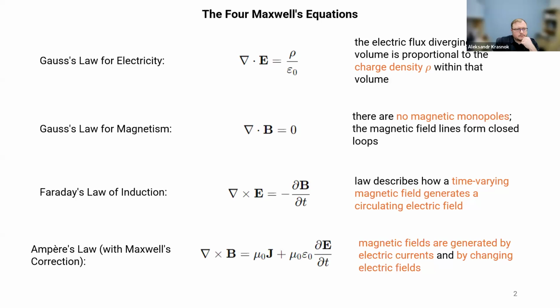These are the four Maxwell equations. We discussed them last time. Just really quickly, the first one describes the divergence of the electric field, which is defined by the electric charge in a system. The second one, the Gauss law for magnetism, implies that there are no magnetic charges in nature.